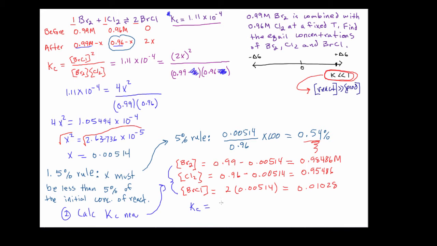So I'm going to calculate quickly my Kc value, plugging in my values that were approximated using this technique. So the BrCl will be quantity squared here, and then this will be divided by the new concentration of the Br2 and the new concentration of the Cl2, and the value that we get is 1.12 times 10 to the minus fourth.